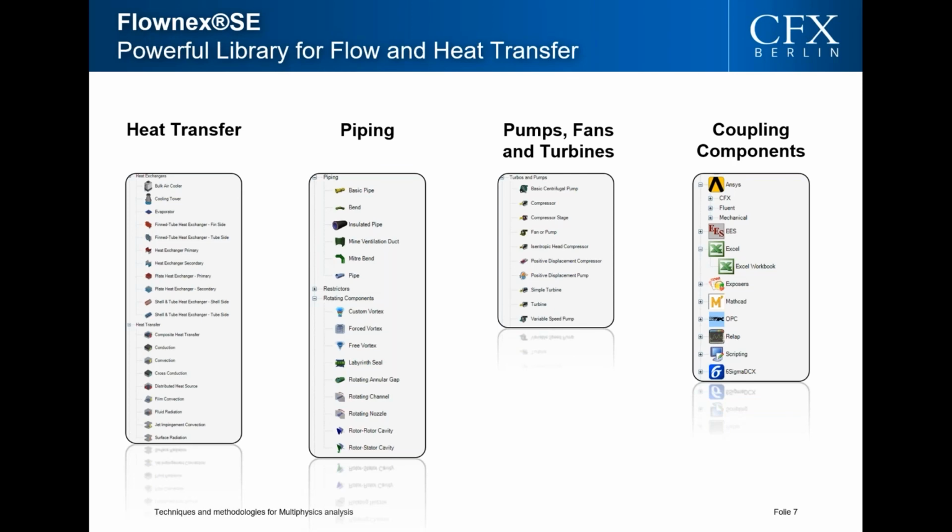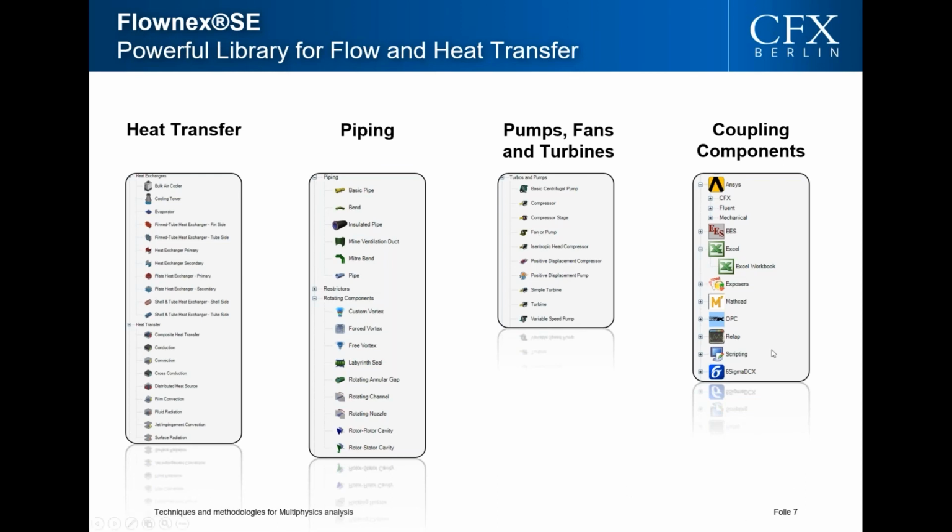Here you have some rotating channels, you have some cavities between a rotor and stator, or between two rotors, so you can model all this stuff with these components. If you have a look at an air-cooled motor, you need a fan, for example, for the air. So you have here some fans, or if you have some water in the casing of the motor, you have some pump to be able to pump the water or the cooling medium to your motor.